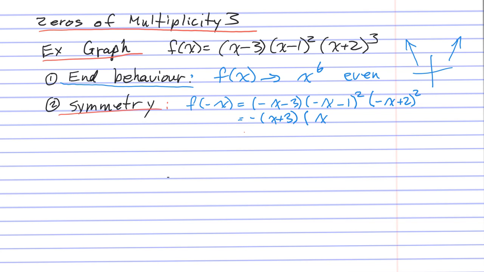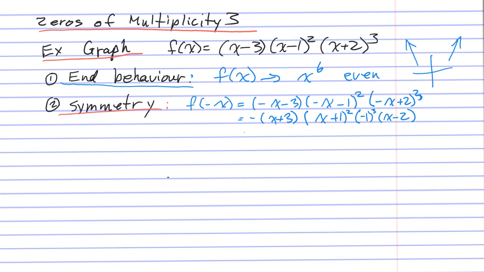And you still end up with (x plus 1) squared left over. Then we're going to pull out a -1 from this cubed part here, and you'll notice that when we cube it, we still have (x minus 2).